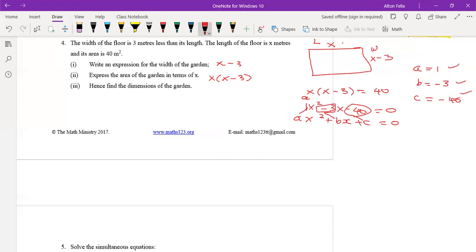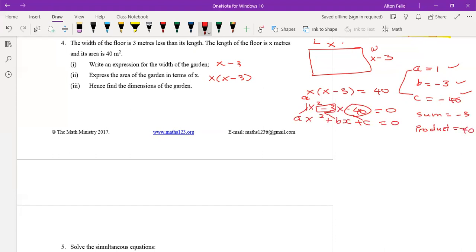Again, we want two numbers whose sum is minus 3. So this is the sum here. The sum must equal minus 3. And whose product is a times c, which is minus 40.